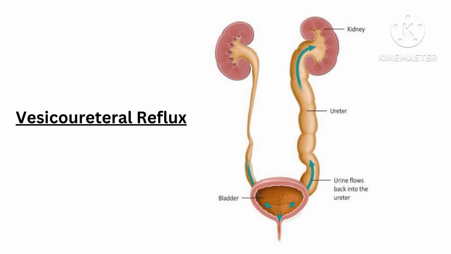Extremely high intravesical pressures may also lead to VUR. VUR may cause recurrent urinary tract infections. Up to 1/3 of recurrent urinary tract infections in children have evidence of VUR. The condition may also cause renal scarring, cortical thinning, and atrophy.